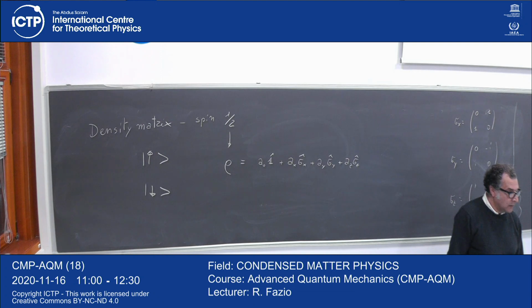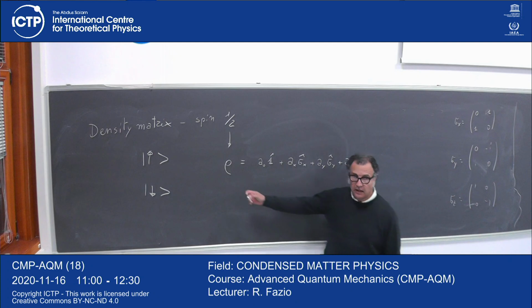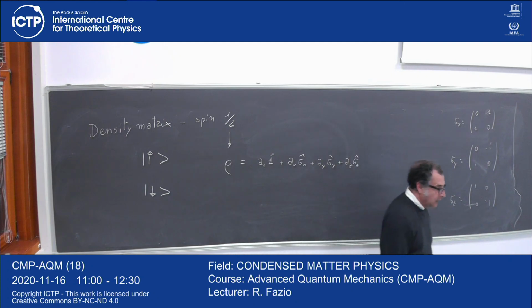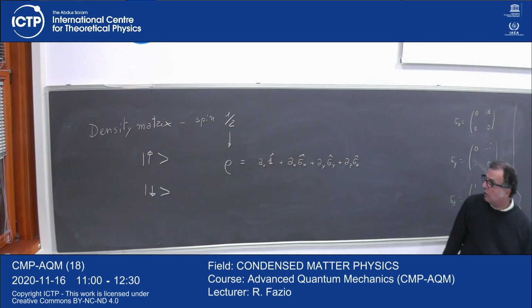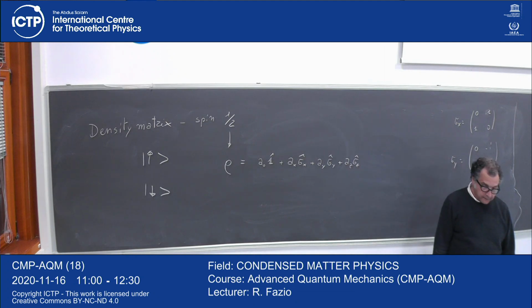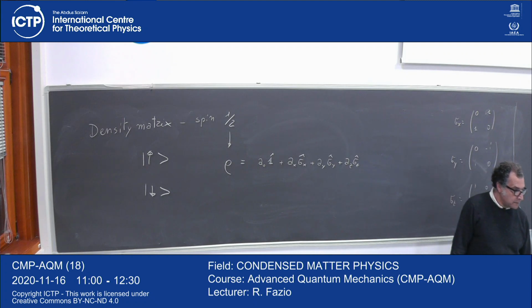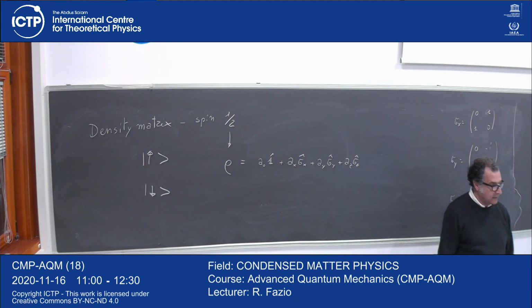They should be real, because we want rho to be Hermitian. It should be self-adjoint, so the coefficients should be real. Moreover, what is the value of A0? A0 should be positive, some specific number.